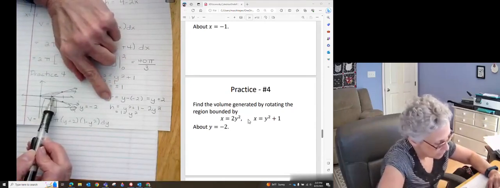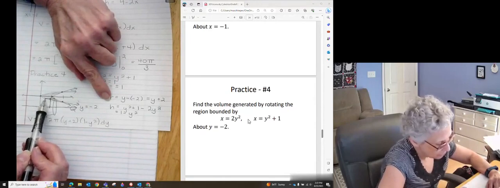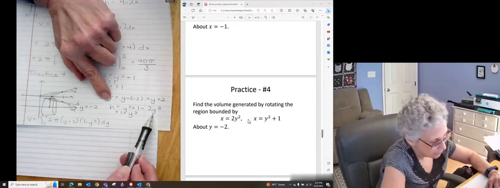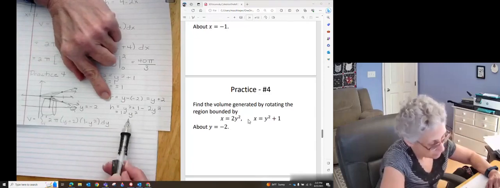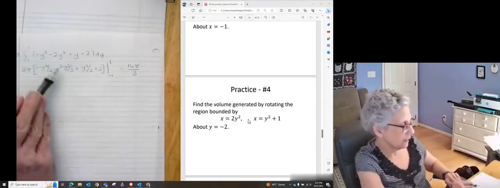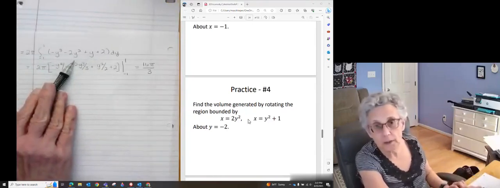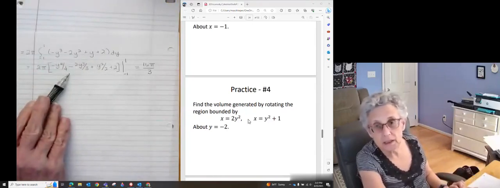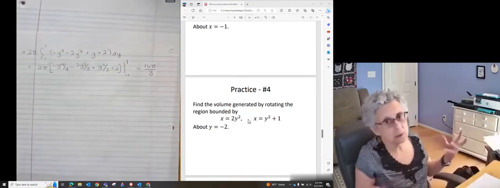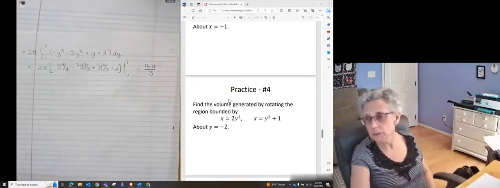My height is equal to the fat parabola minus the skinny parabola, so y squared plus 1 minus 2y squared, which is just 1 minus y squared. I did some foiling over here. I did some integrating and plugging and chugging, and neither of them was 0, so I had to plug both numbers in to get the answer.